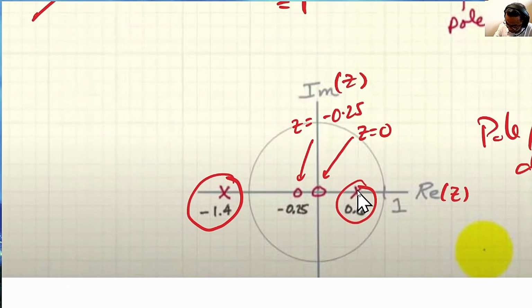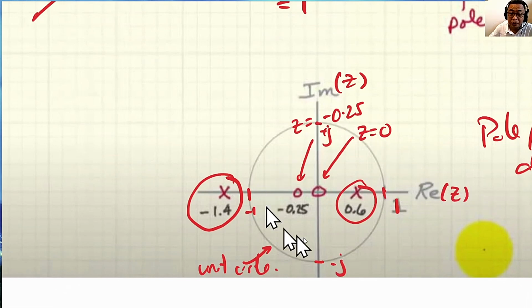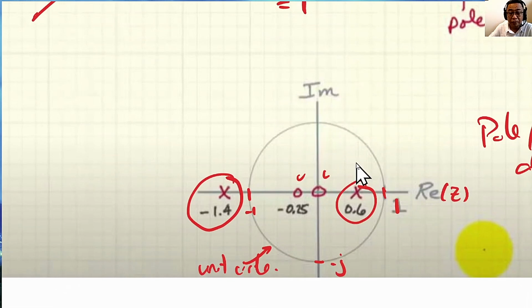We also draw the unit circle, the circle of radius 1. This is minus 1 here, this is plus 1 here, at the bottom is minus j, and at the top is plus j. So we draw the unit circle followed by the poles and zeros.